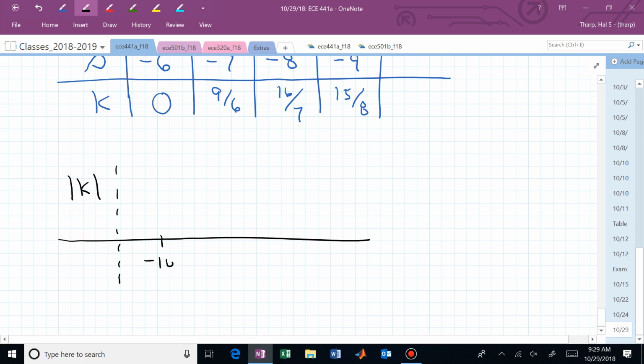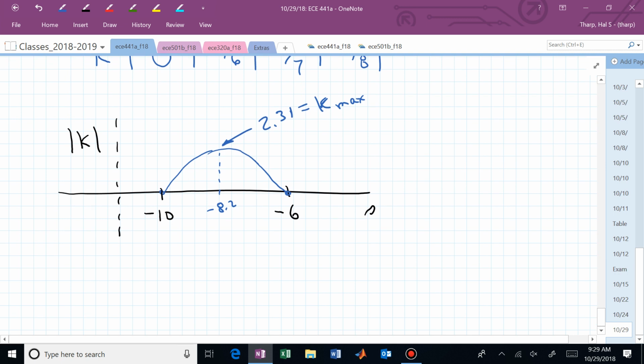If this is -10, this is our s, and this is -6, we know that the curve is 0 at -6 and -10, and now it does something like this. What we found is right here at -8.2 is where we have this peak of 2.31 for k, and that's a relative max.